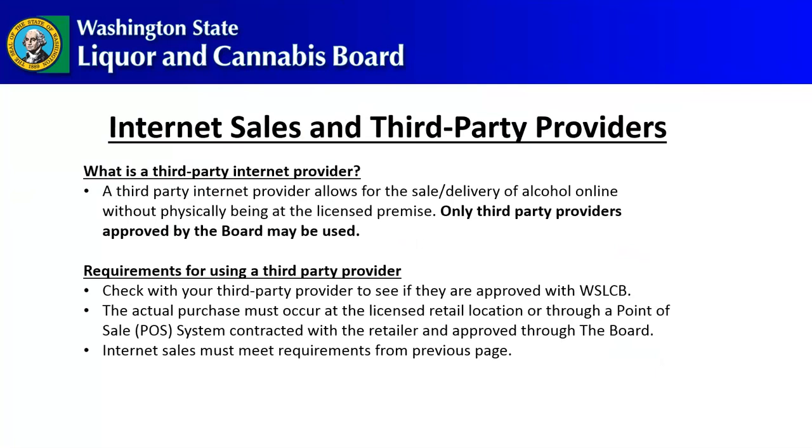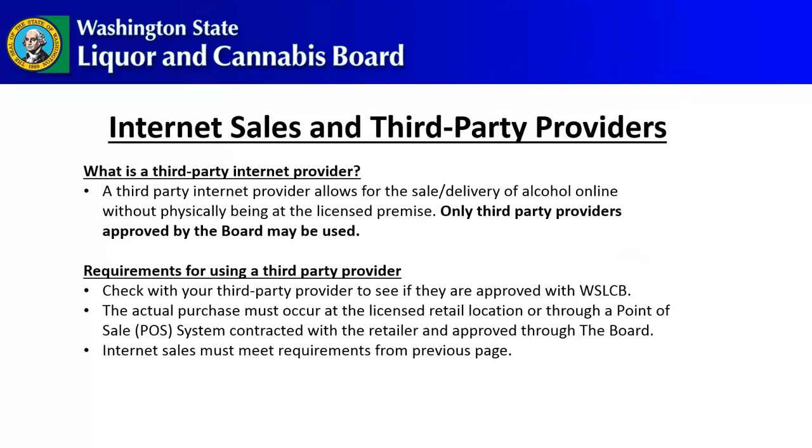Now we will talk about third-party internet sales. First, let's define what a third-party internet provider is. A third-party internet provider allows for the sale or delivery of alcohol online without having to physically be at the licensed premise. You may only use third-party providers which have been approved by the board.